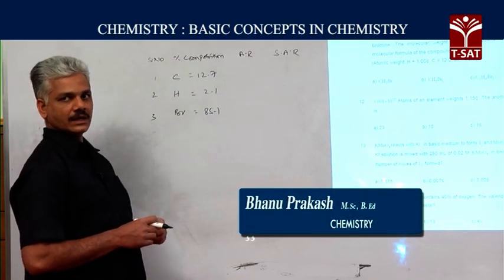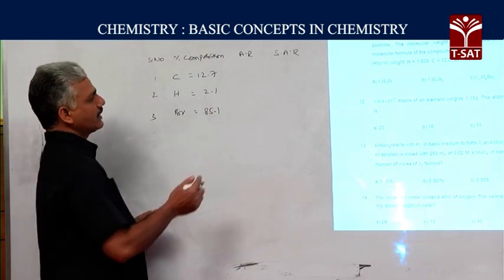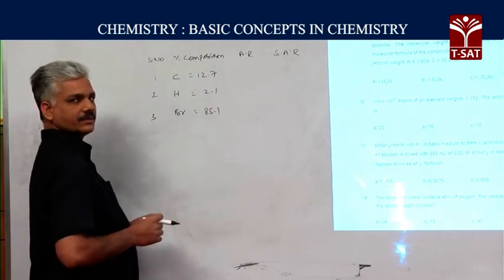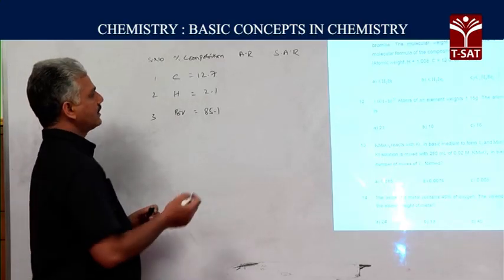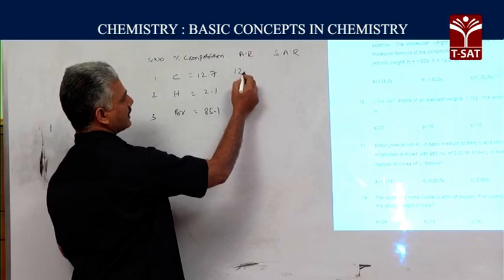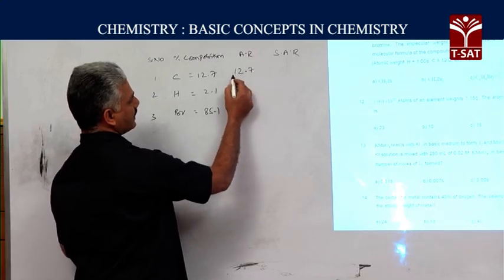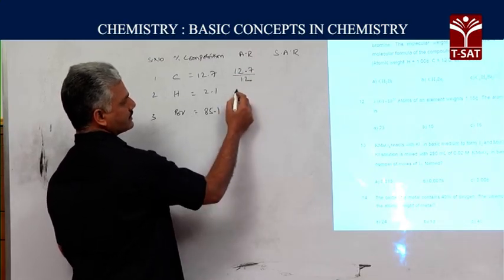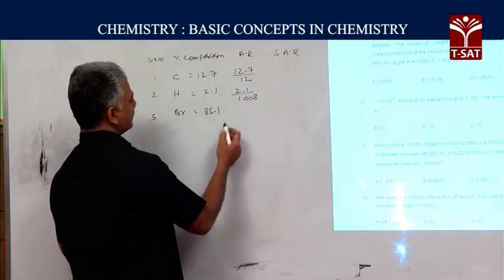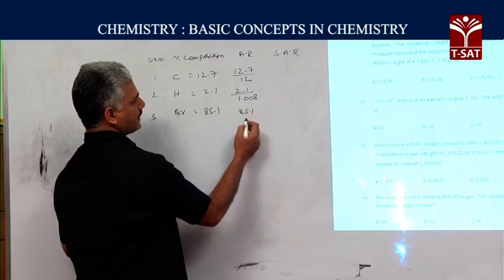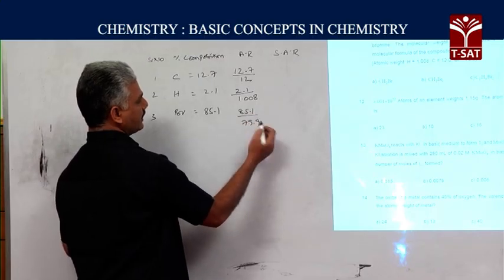Next, we have to calculate the atomic ratio. Atomic ratio is calculated as percentage composition divided by the atomic weight. Therefore, carbon's atomic ratio will be 12.7 by 12, hydrogen is 2.1 by 1.008, bromine is 85.1 by 79.9.